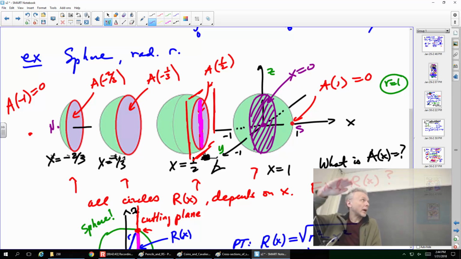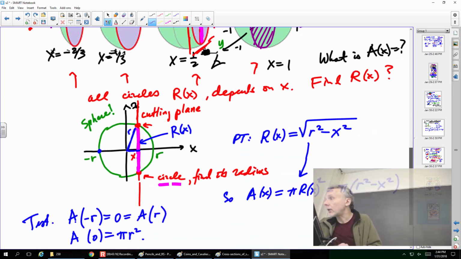You're cutting our Earth with planes, naturally producing circles, except at the very top at the North Pole we have a point, and at the bottom at the South Pole you still have one point. In the middle, you're getting your equator, and it is the largest possible circle. It's actually called the Great Circle, or one of the great circles. And its radius is the same as the radius of the Earth. Okay?